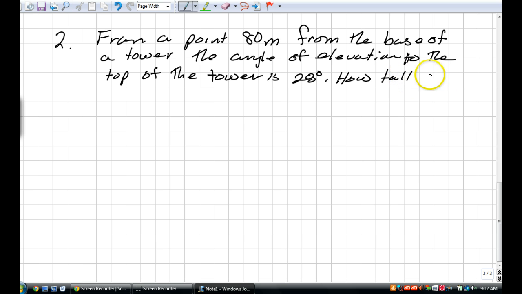How tall is the tower? Okay, so let's draw a picture.